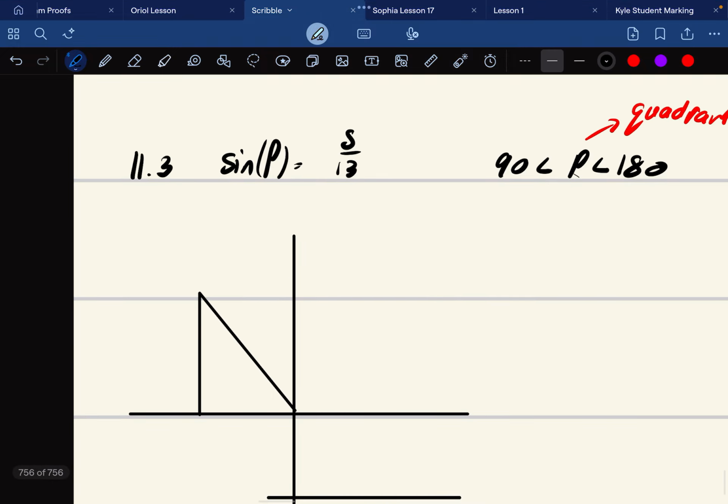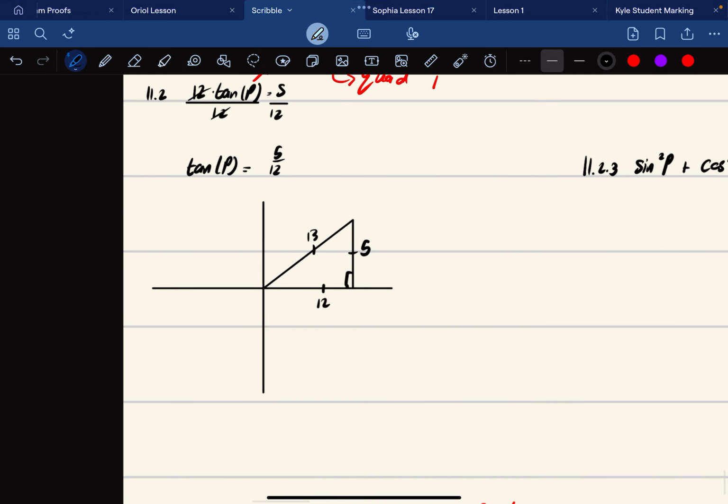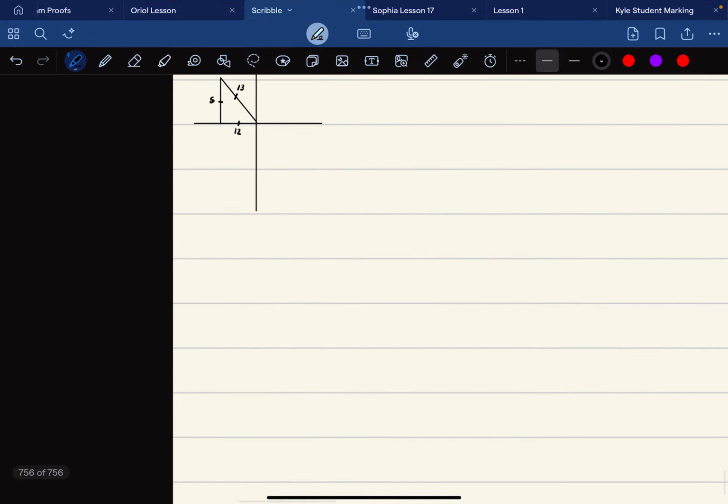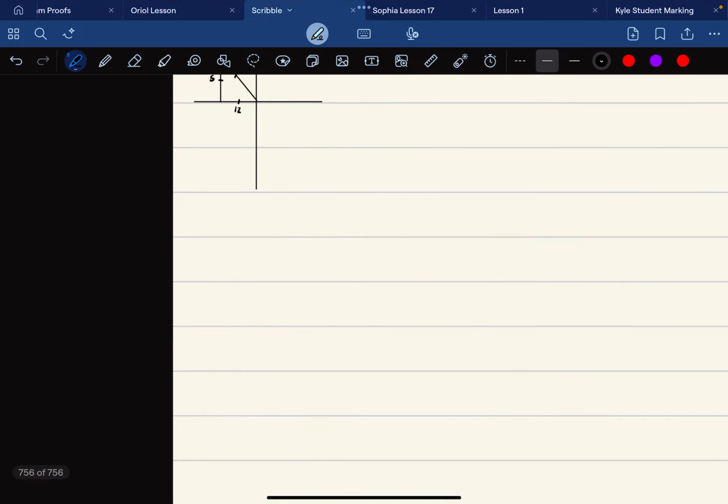Sine is opposite, so that's 5 over hypotenuse, which is 13. So we know the adjacent is 12 because it's the same type of triangle as this one up here. Excellent. Again, I'm not going to do the question for you. I'm showing you how to draw your graph here. Now let's go on to 11.4.